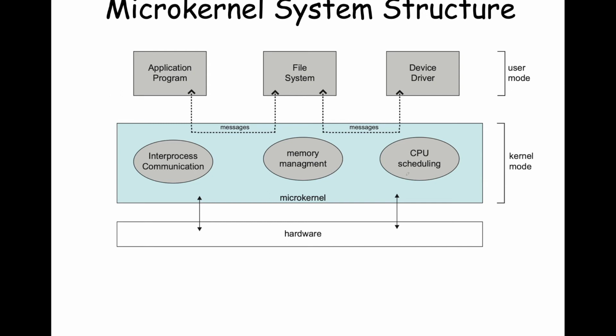It also had CPU scheduling implemented. Now, of course, the scheduling algorithm could certainly be a call out to a service, but the basic scheduling for how you start a process and stop a process, that functionality was in the microkernel. And so the kernel code consisted of a small number of very basic operations, but everything else was a user level service that the kernel interacts with through the message passing.